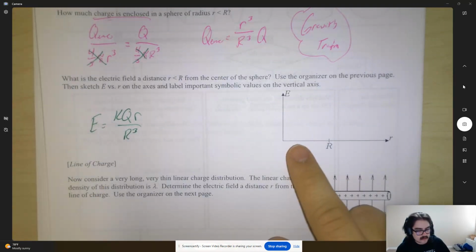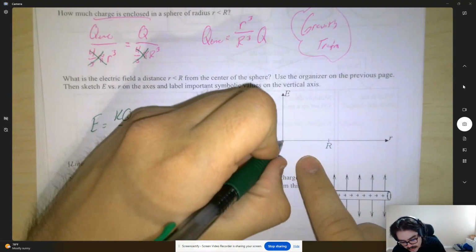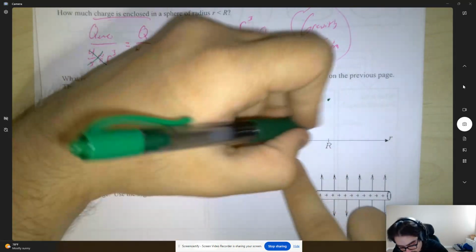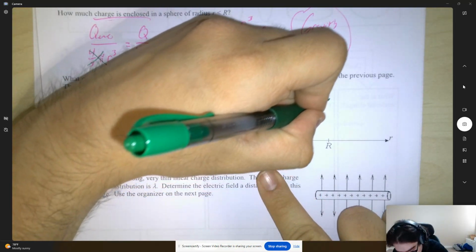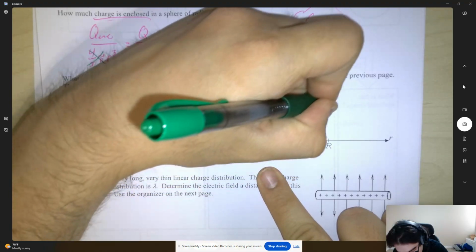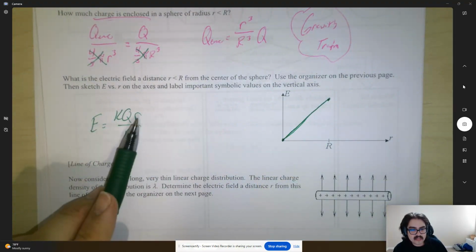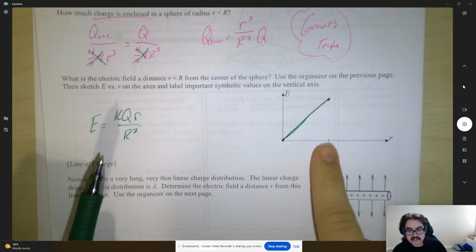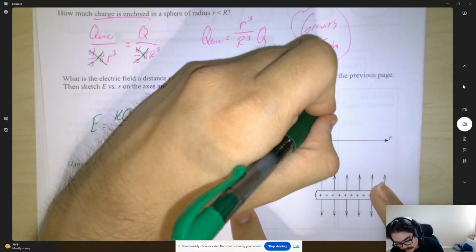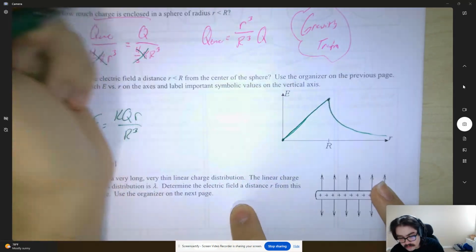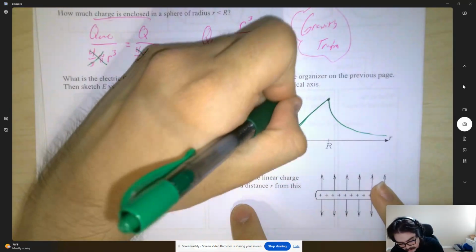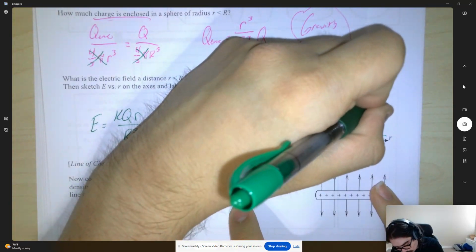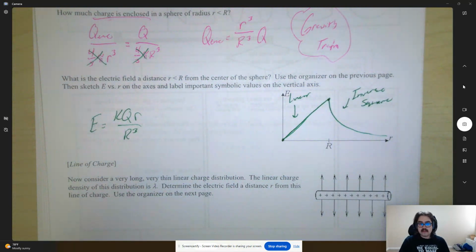So if we draw this on a graph, you're going to notice that as you go from the very center of the conductor out to its outer edge, your E field is going to gradually increase, because you'll notice that this value of r is increasing, so the E field should increase as you go. Once you get to the edge of it, it's going to turn into a point charge, and then you get that nice inverse square relationship that we always see. So you get a linear segment and then inverse square.